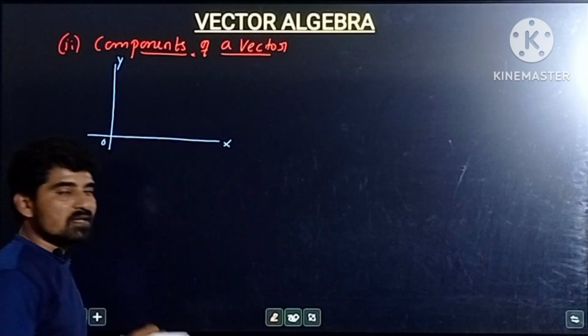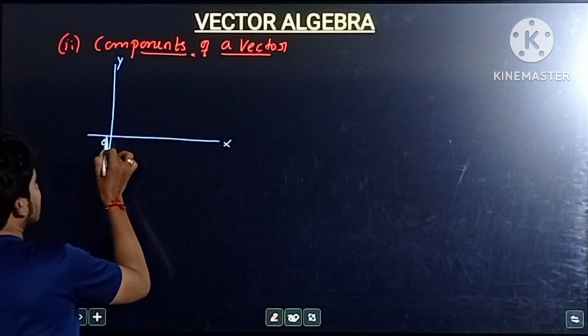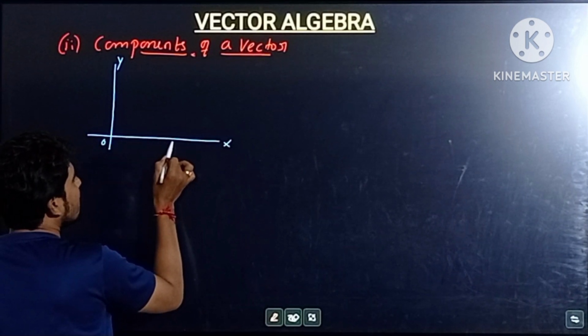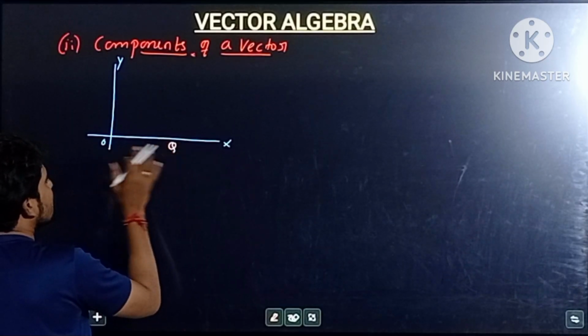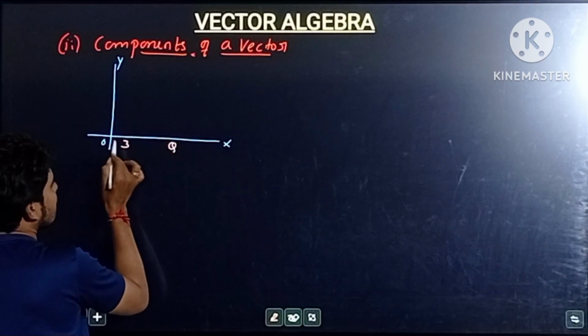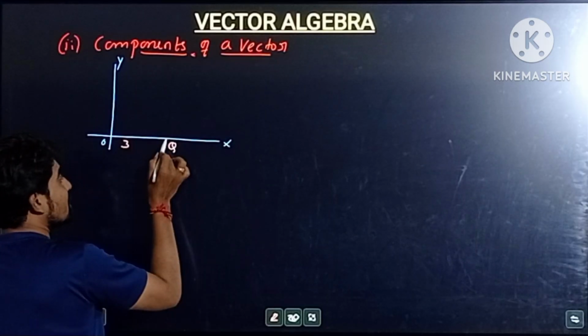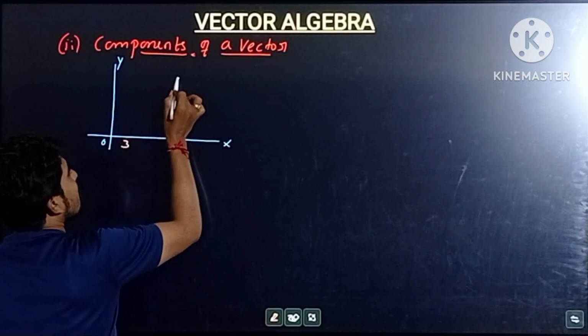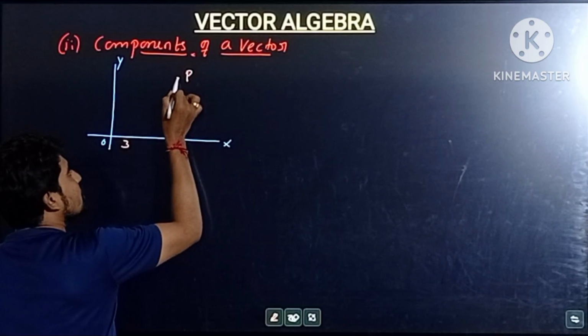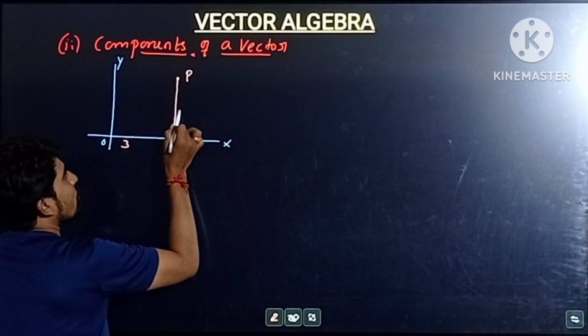Suppose a man starts walking from the origin to the point Q along the positive x-axis, and he stops at the point Q, and the distance between the points O and Q is 3 units. Then he starts walking from the point Q along the positive y-axis, and he stops at the point P, and the distance between the points P and Q is 4 units.